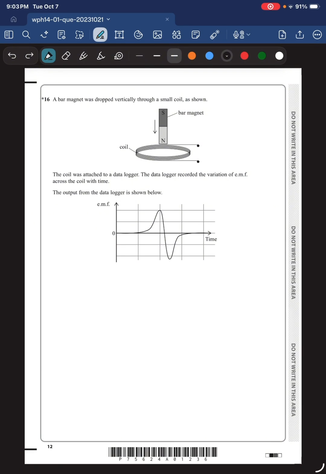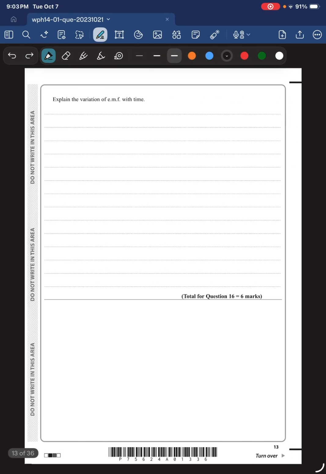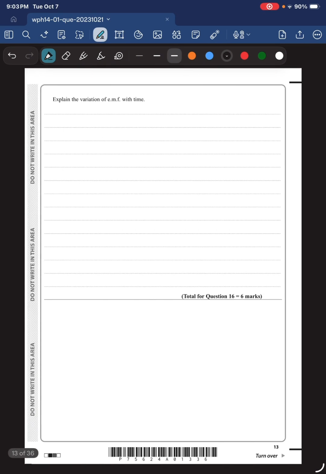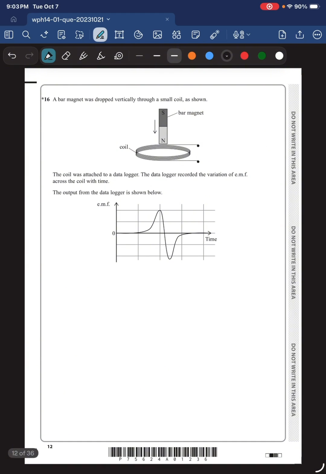All right, we have to explain the variation of EMF with time. So first we have an increase and then a decrease.